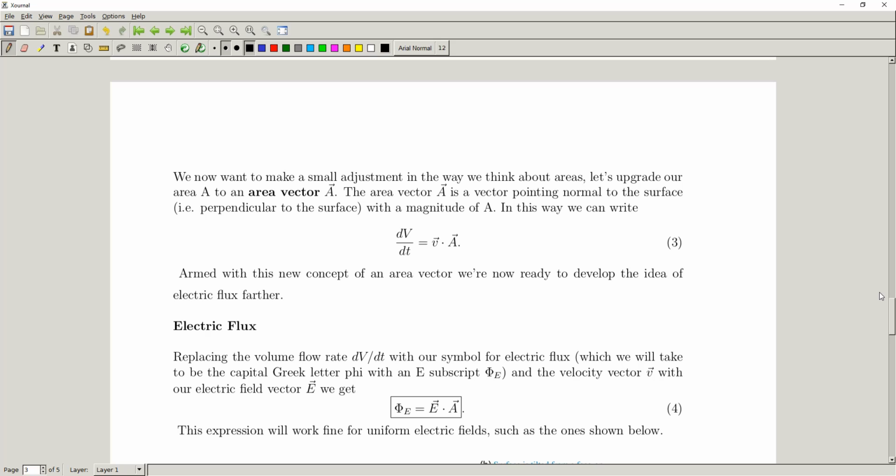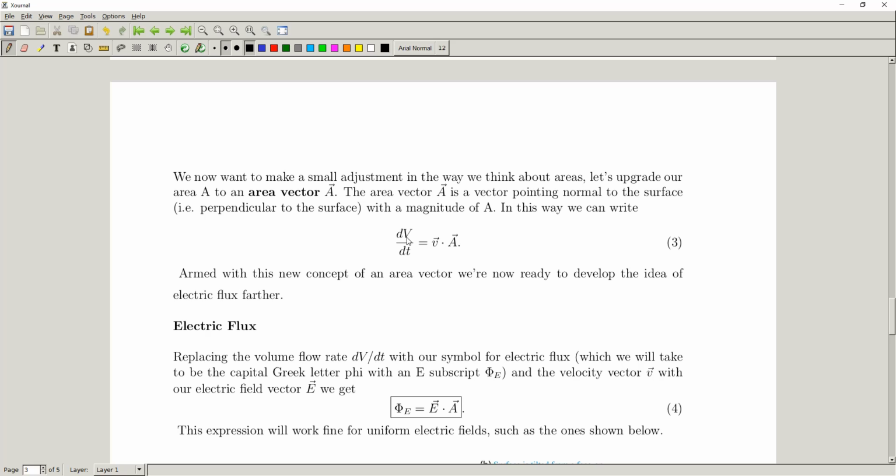And so if we take all these ideas, this idea of dV dt, the timed rate of change of the volume flowing through, is really a flux of water going through the loop.